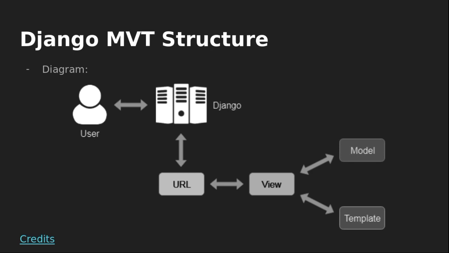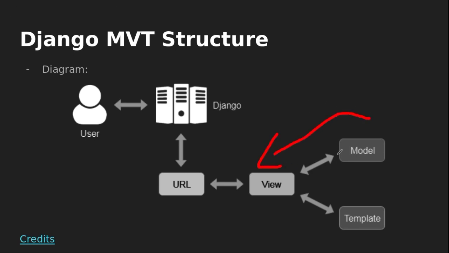Then it will call the view. If the view needs some dynamic data from models, it will request the model to give it some data. Then the model will give some data to your view.